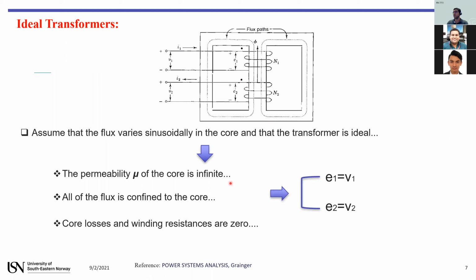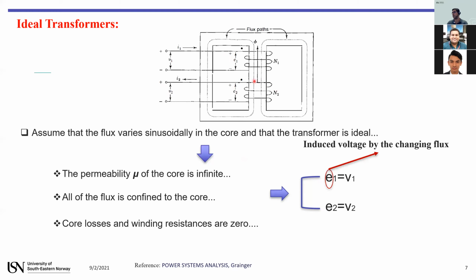So suppose we have the ideal transformer, we can write E1 is equal to V1. You can see there is no resistance here, because we consider ideal transformers, so the resistance is zero. So E1 is equal to V1, and E2 is equal to V2.